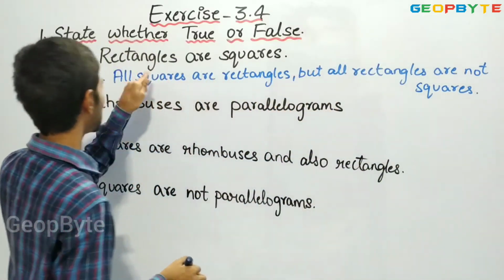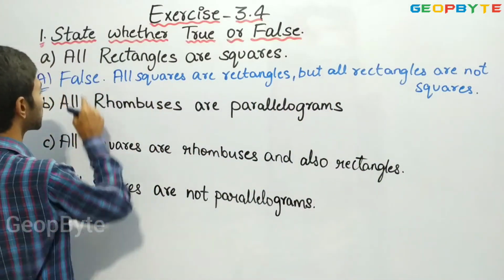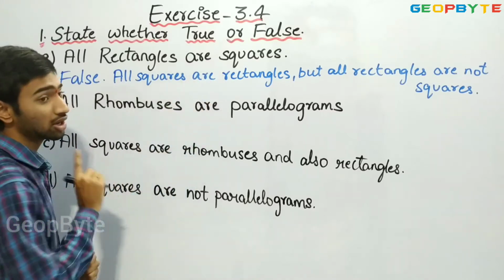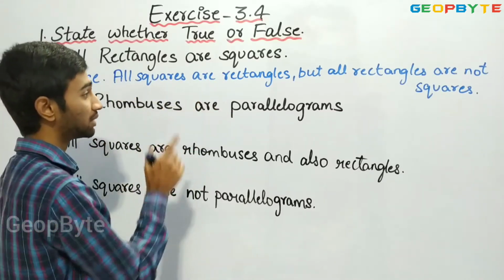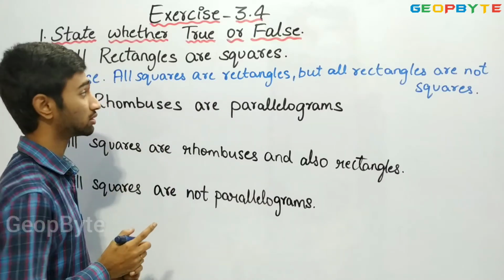So the given statement is false. All rectangles are squares? No, because all squares are rectangles. But all rectangles are not squares.